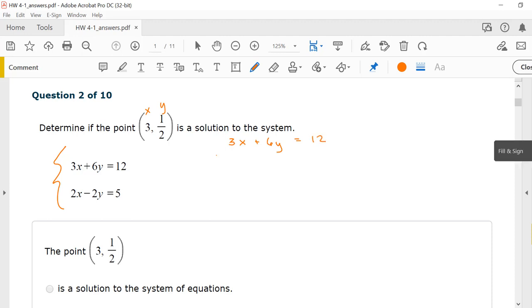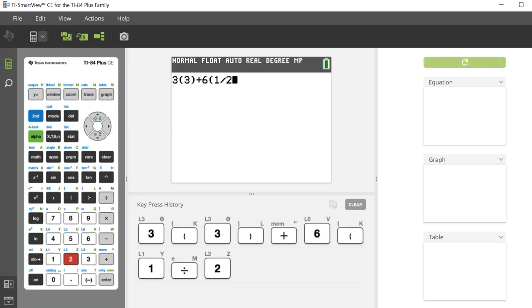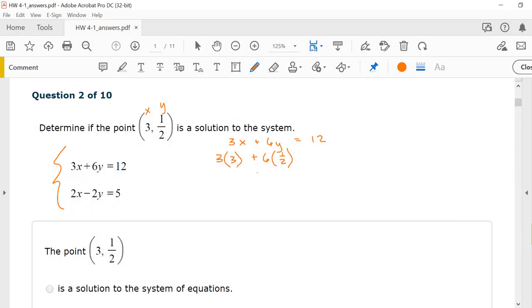So plugging in 3 for x and 1/2 for y, I'm going to do this on my calculator. So 3 times 3 plus 6 times 1/2 gives me 12. So it works on the first equation.